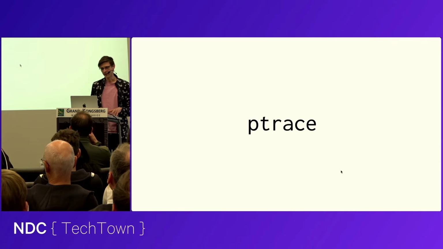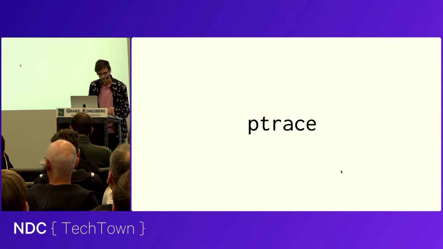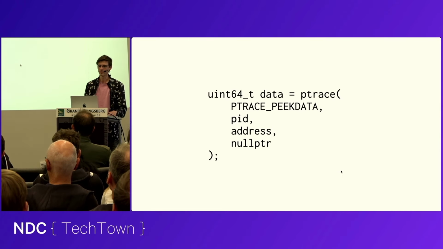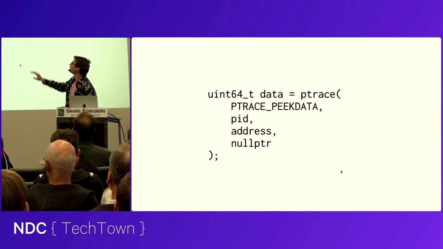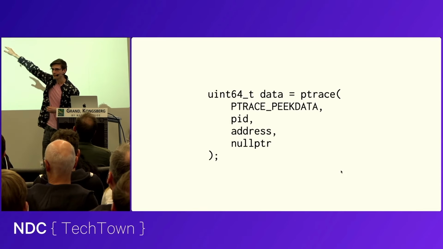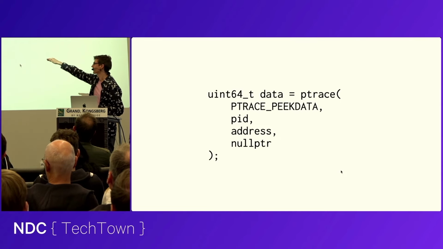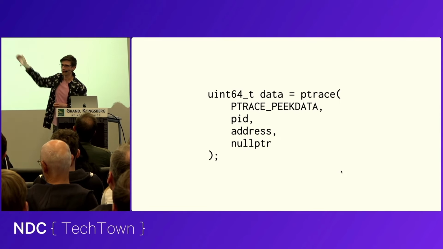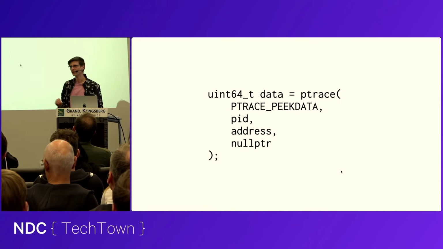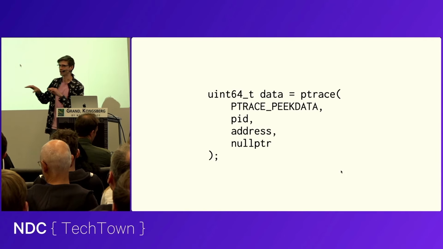And the main one that we care about is ptrace. Ptrace might look something like this. We can pass it PTRACE_PEEKDATA, which says, hey, give us 64 bits of data at this address with this process identifier, and then a null pointer, because ptrace is awful.